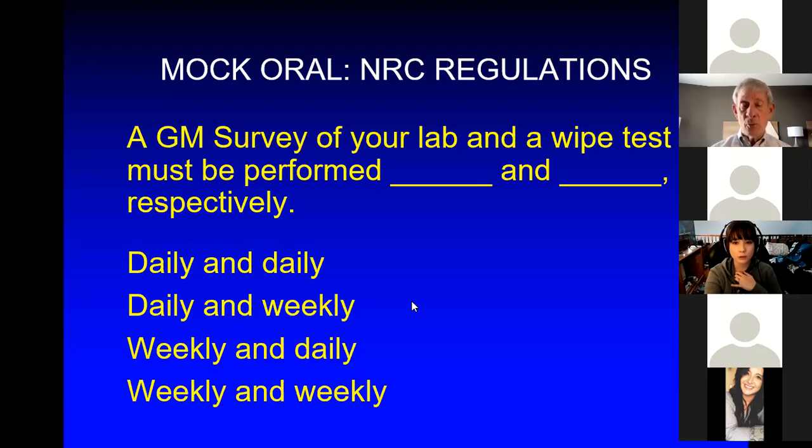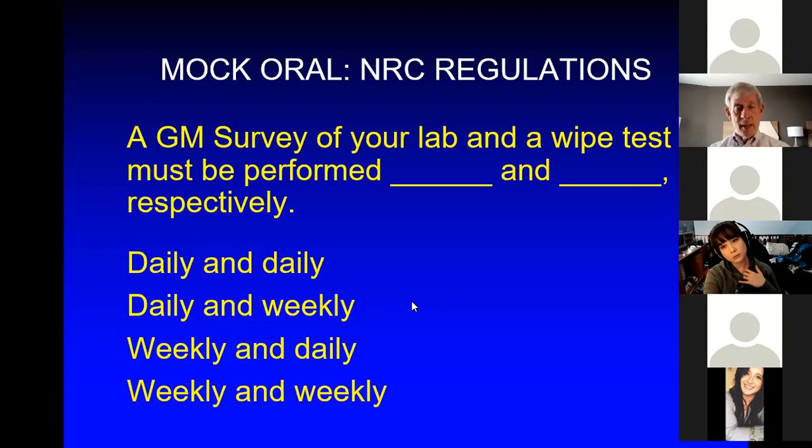Daily and weekly. You have to do a GM survey of every room every day where isotopes are used. You do not have to go survey the conference room or the reading room unless there's a likelihood of a spill. But every imaging room, the hot lab, always has to be checked every day. And the wipe test is every week.